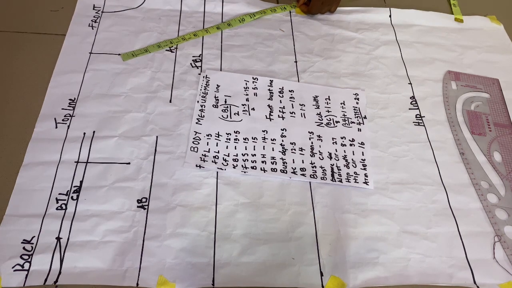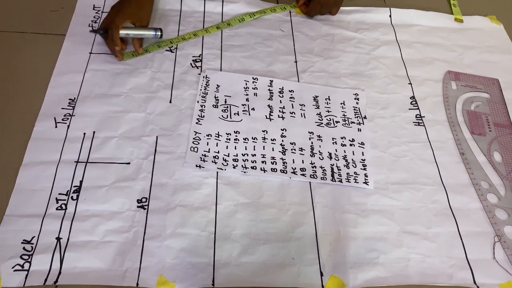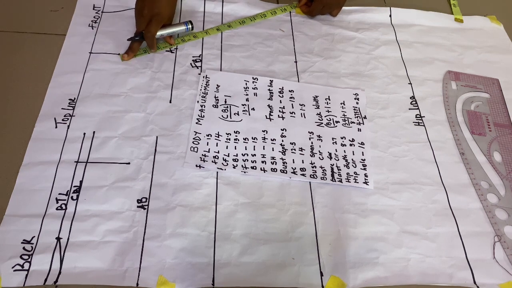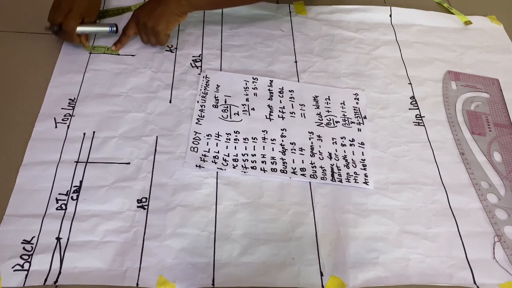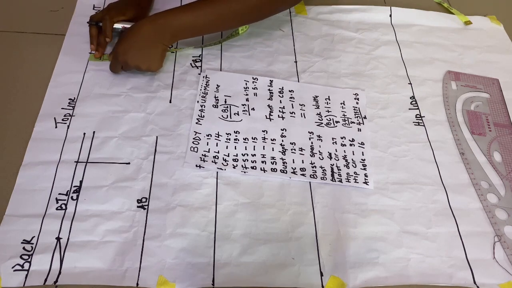But the standard measurement for the guideline for the shoulder slope for the front is 1.5, while the standard measurement for the back is 1.25. If I put the tape here, the distance I'm having here is almost 2 inches. So I don't want to use that. I'll just use the standard measurement, which is 1.5 in front.